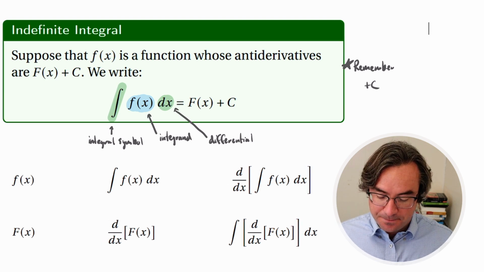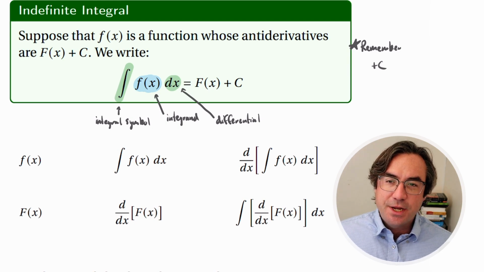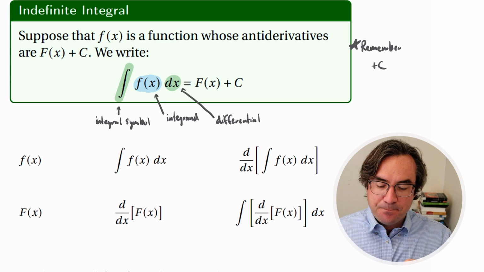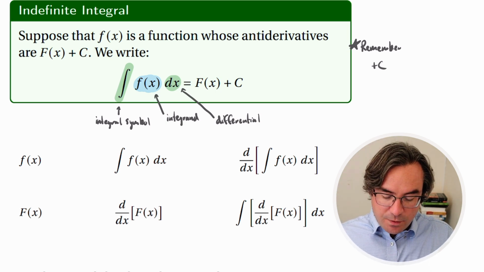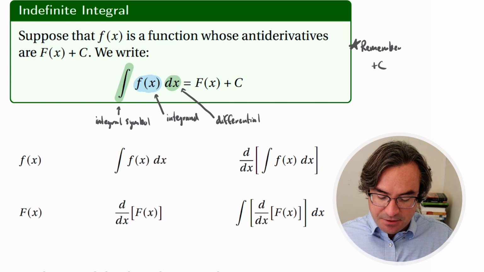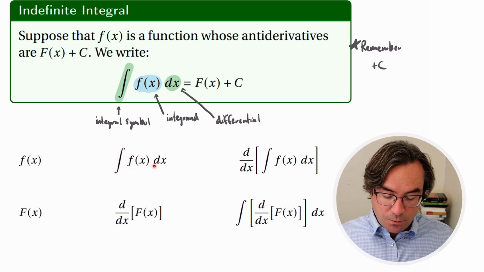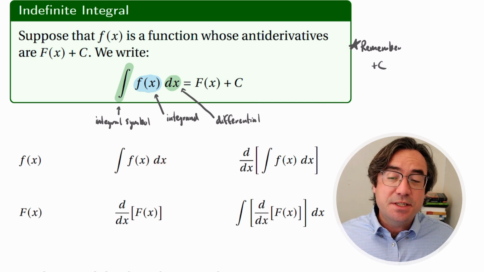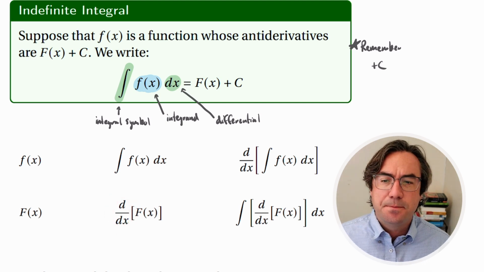All right, so this notation, this integral symbol, we could compare it to something. When we have this integral symbol and dx, the way we read this is: find the antiderivative of the function f of x with respect to x. So this is similar to our derivative notation, the Leibniz form.